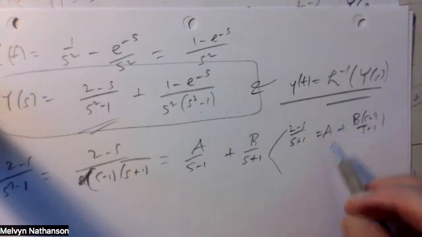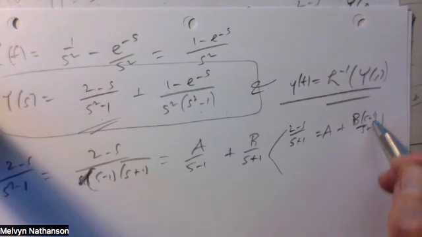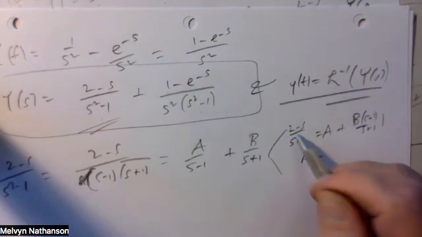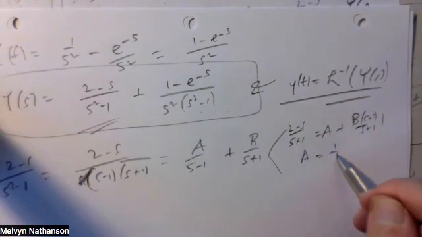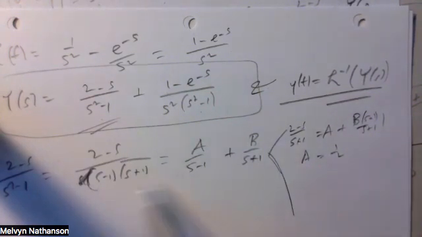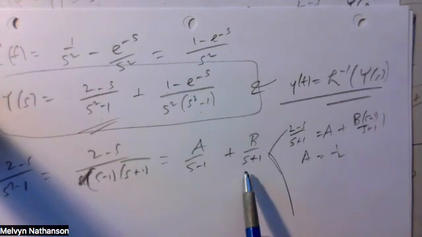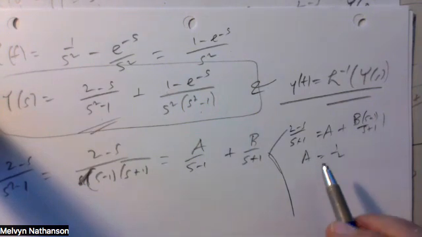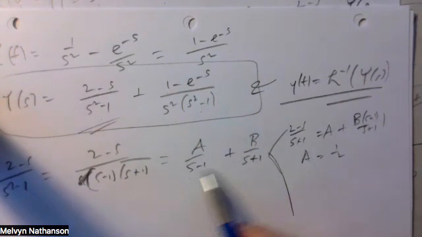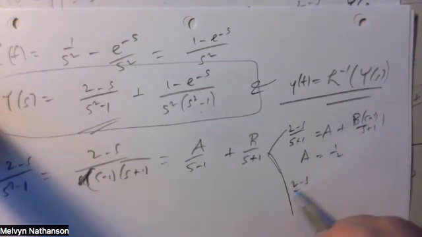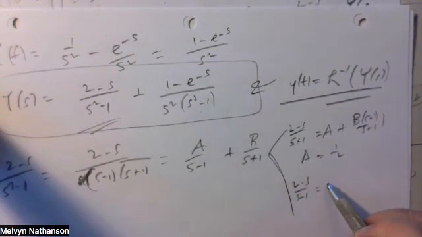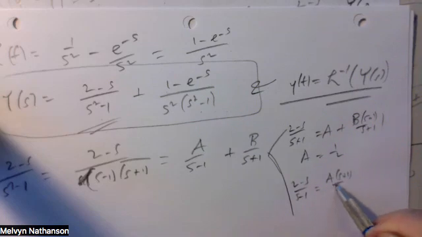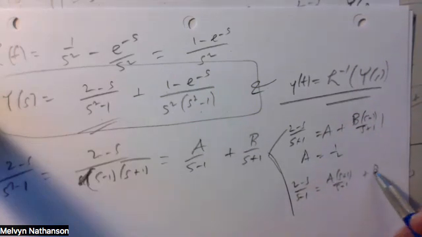And if I let s equal 1, I get 0 here. I get a. When s is equal to 1, a is a half. And if I multiply this equation by s plus 1, I get (2 minus s) over (s minus 1) is a(s plus 1) over (s minus 1) plus b.